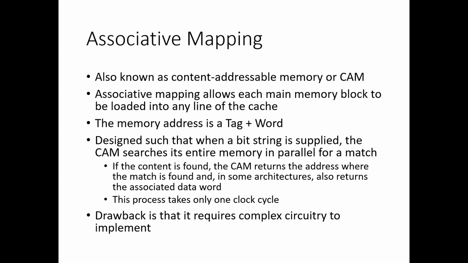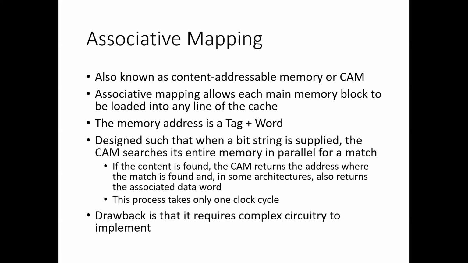Associative mapping uses content addressable memory, or CAM, and allows each main memory block to be loaded into any line of the cache. The memory address is the tag plus the word, and it's designed such that when a bit string is supplied, the content addressable memory searches its entire memory in parallel for a match. If the content is found, the content addressable memory returns the address where the match is found, and some architectures also return the associated data word.